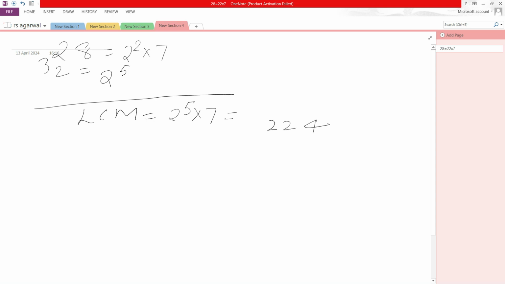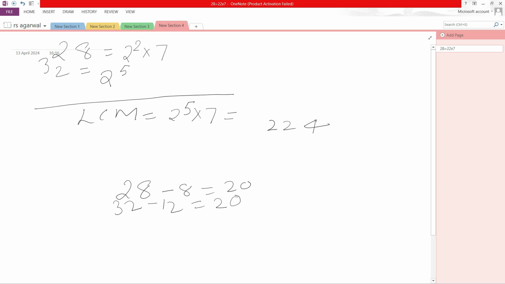Now we have to find the number in such a way that the remainders are 8 and 12 respectively. When the number is divided by 28 and 32, the remainders are 8 and 12. So we'll take the differences: 28 minus 8 equals 20, and 32 minus 12 equals 20.